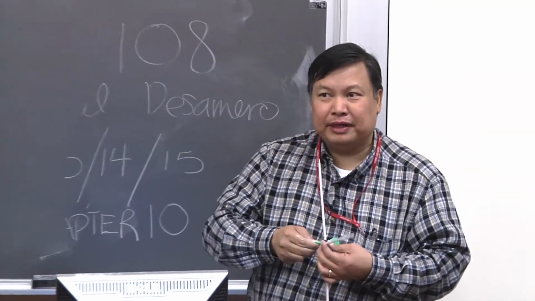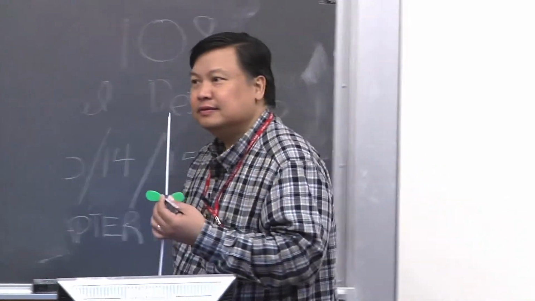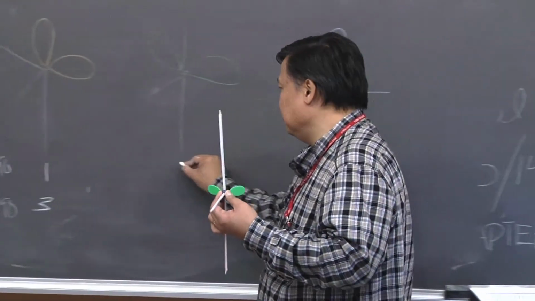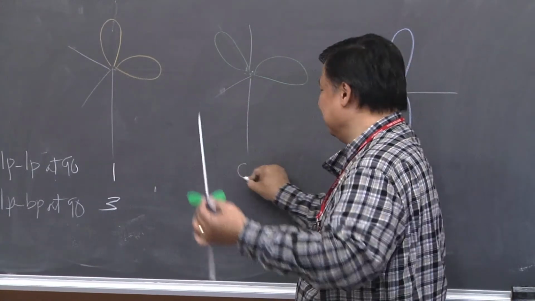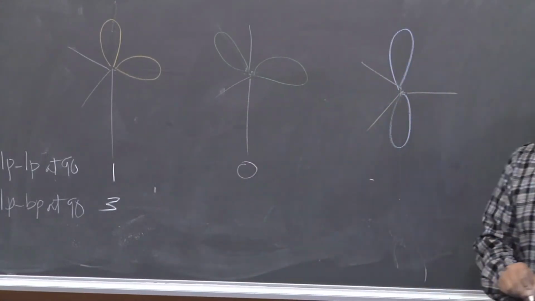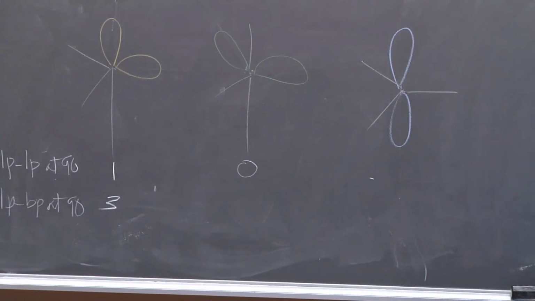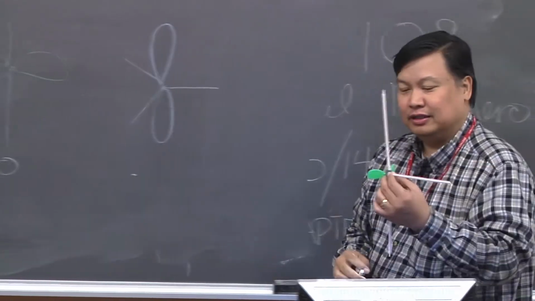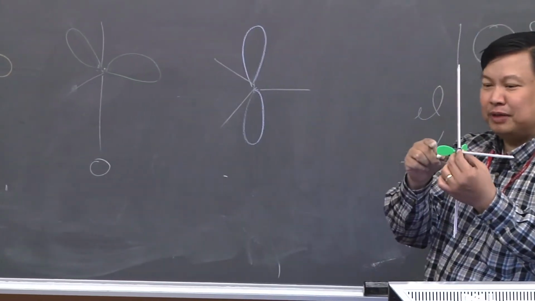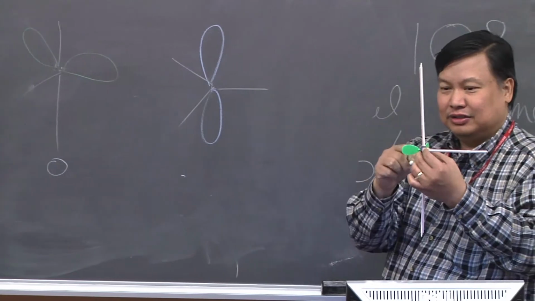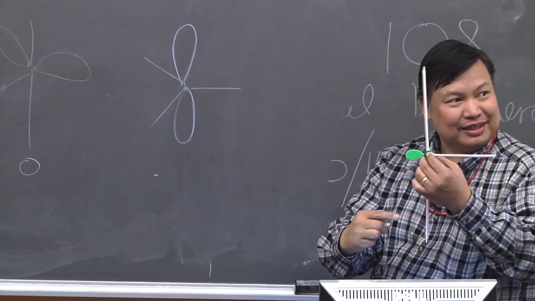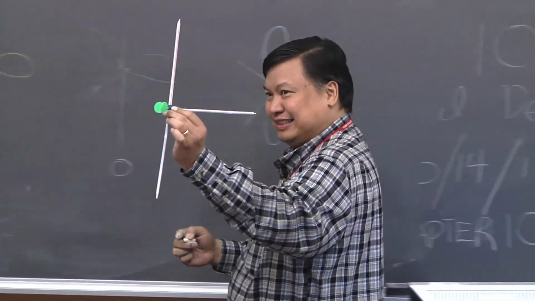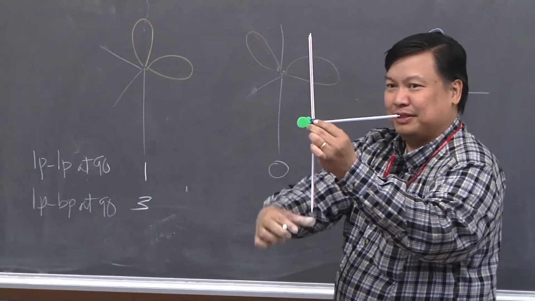First of all, do we have lone pair at 90? There's no lone pair at 90 because these two are at 120, right? So that's good. And so how many lone pair, bond pair at 90? 1, 2, 3, 4. Agree? So 2 up top, 2 at the bottom.